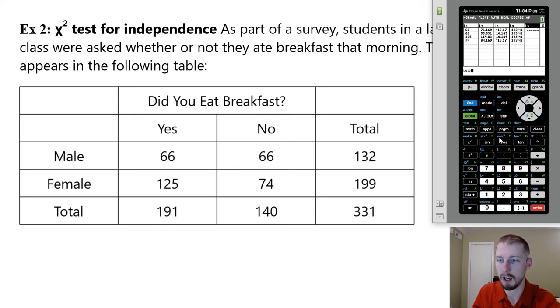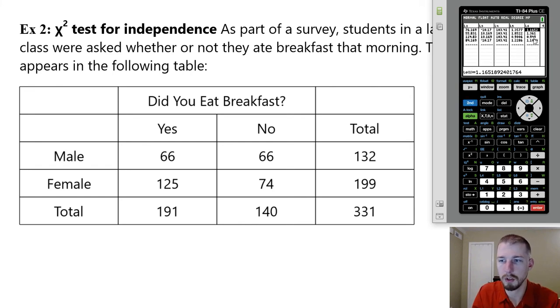So list 5 is list 4 divided by the expected values, which is list 2. They're not all the same, so I do have to put it that way. Then for list 6 I'm going to standardize those by taking the square root of list 5, which gives me the components.